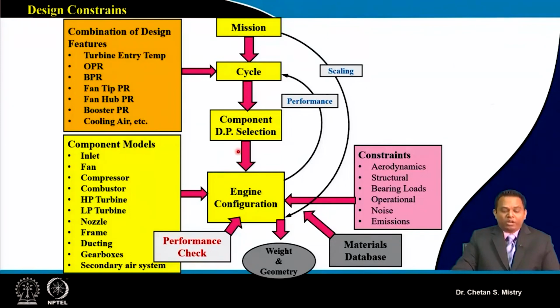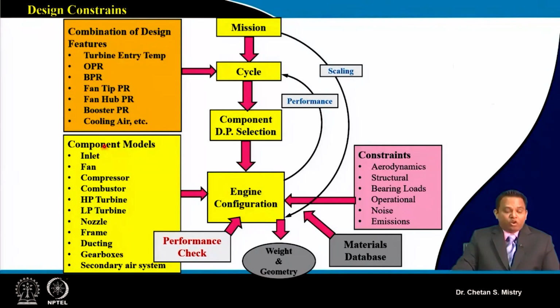Based on that we will try to do our engine configuration. For this engine configuration, we are looking at different components again. So we have our intake, fan, compressor, combustor, LP turbine, HP turbine, nozzle, frame, ducting, gearbox, secondary air systems, all of this together making my engine configuration.